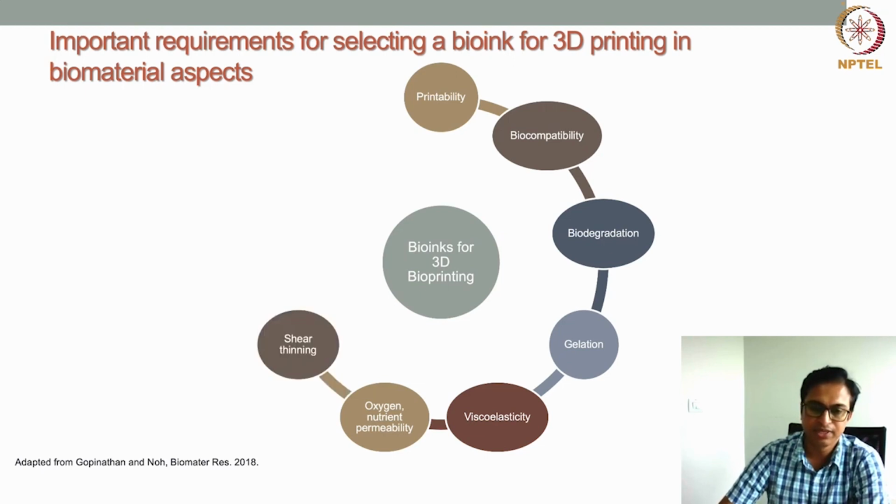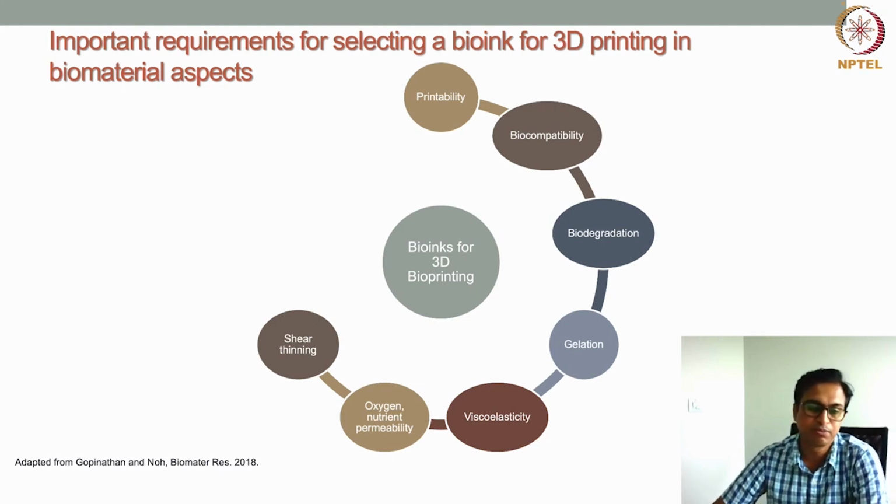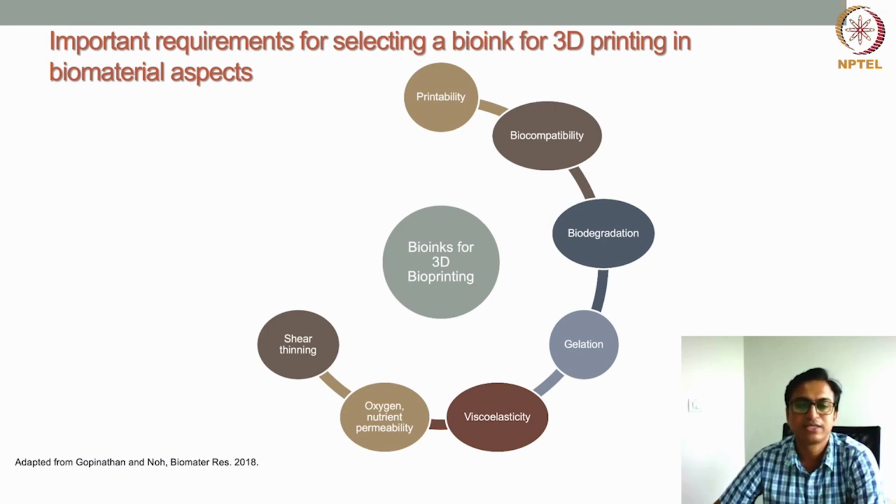The other thing is the shear thinning behavior of the biomaterials. As we have discussed earlier, for extrusion based bioprinting, typically the material should have shear thinning properties. Shear thinning means that with increasing shear rate, the viscosity of the material comes down. It is a non-Newtonian behavior where the viscosity decreases with increasing shear rate, right?